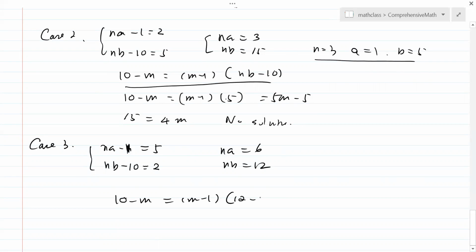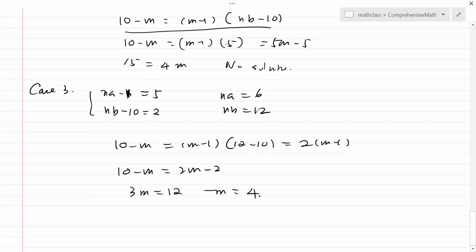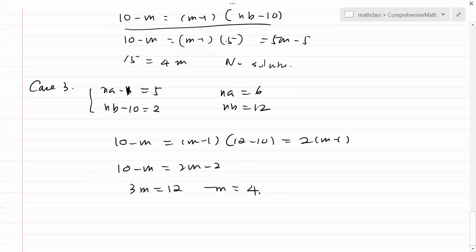It's 12 minus 10, which is 2. I immediately get m. So what I get here is 3m equals 12, m equals 4. Now m is 4, I determined the m. That's a very good formula.